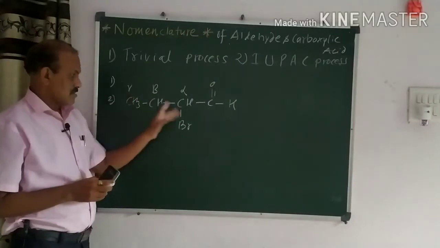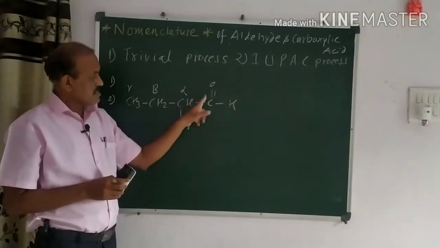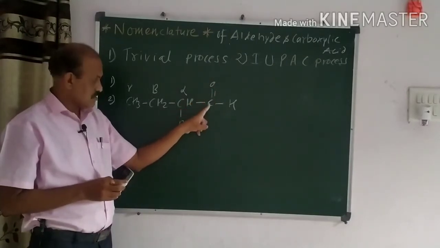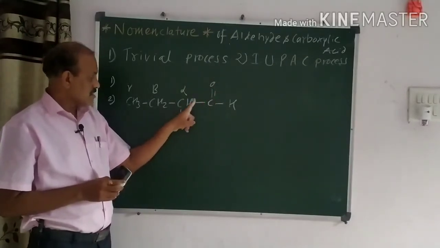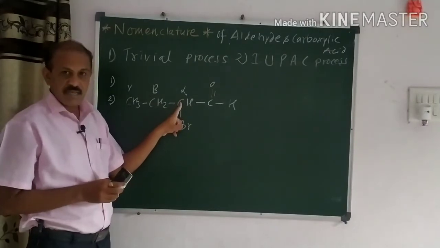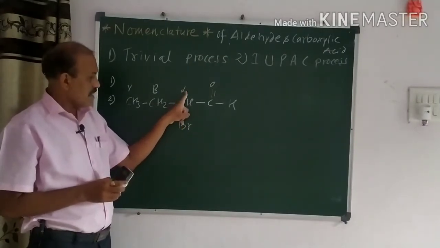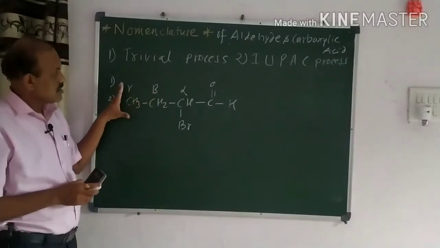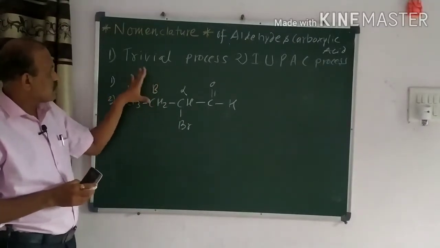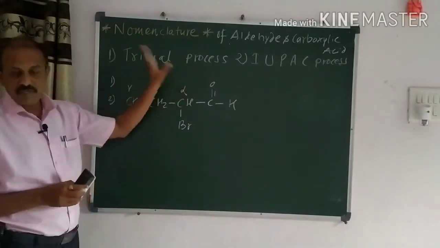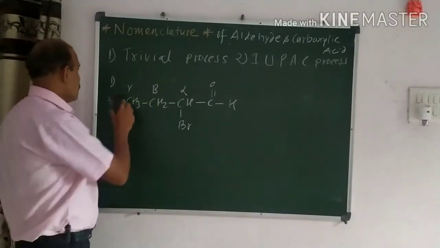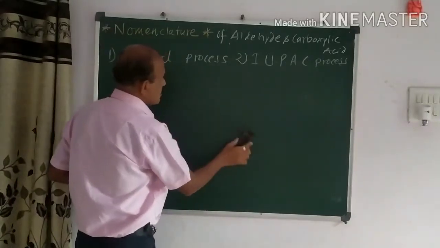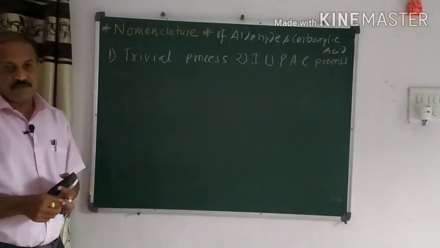How? Here the CHO group is the aldehyde group and the C double bond O group is the carbonyl group. The first carbon atom attached to this carbonyl carbon is alpha, next is beta, and next is gamma. So in this way there are some rules for giving the name by the trivial or common process. Then come the rules of giving the name by the IUPAC process.